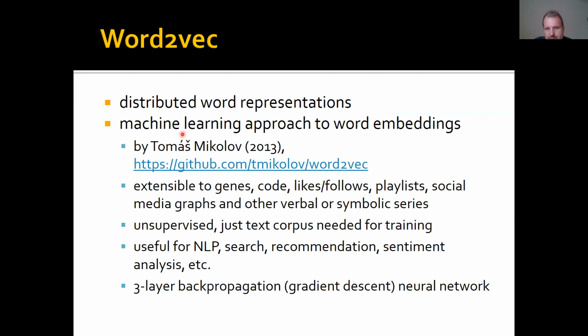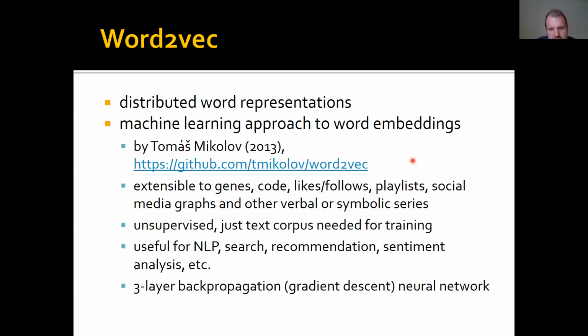Now this is already a machine learning approach, and it's unsupervised again, but it's machine learning. It's not just simple matrix algebra, but it's more heuristic, because we are using a 3-layer backpropagation neural network. It was invented by Tomáš Mikolov.